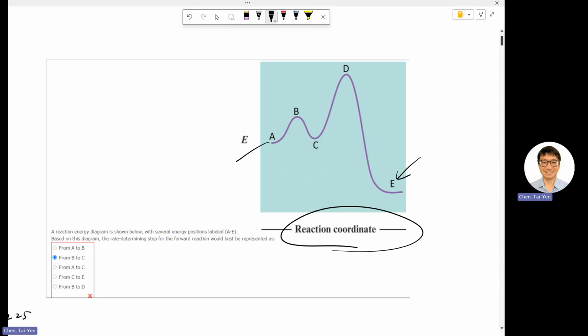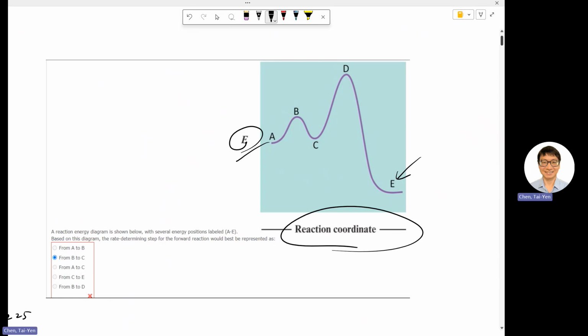It's the slow step, yes, the slow step, right? So what makes it slow? On the y-axis, what is the y-axis on this plot? This is energy, right? That means if you go higher, you need to go through a higher energy barrier.